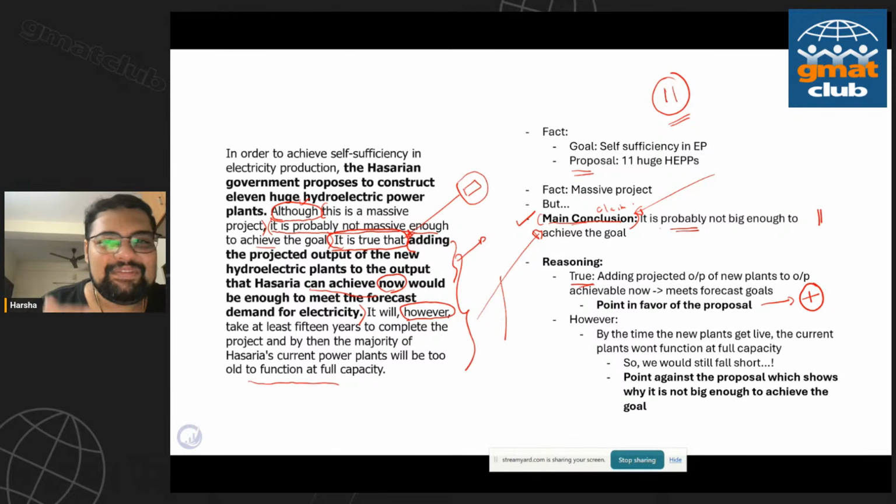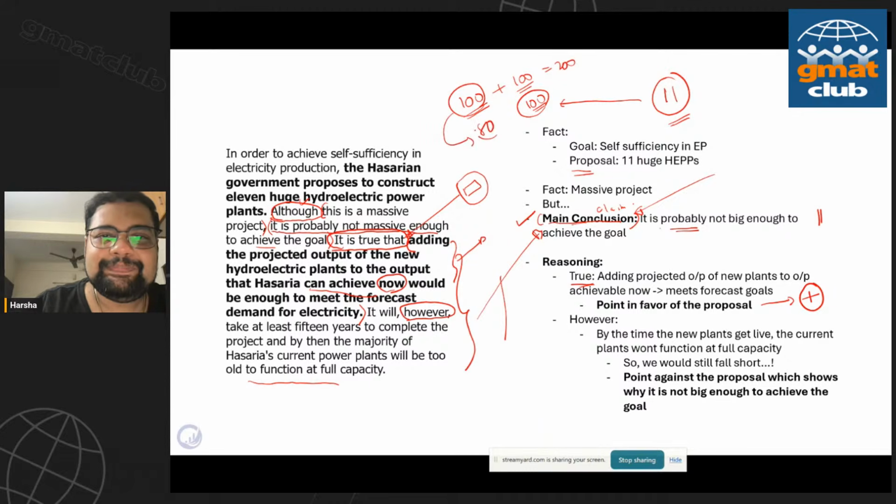If I had to put it into simple numbers, you are expecting that the current output is 100, you are going to build 100, and the forecast demand is 200, so it is being met. The author is telling you, yes, you will still get 100 from the new power plants, but these things which you thought will give you 100 are going to give you only 80. Why? They're too old to function at full capacity. Therefore, you're still going to fall short of your target.